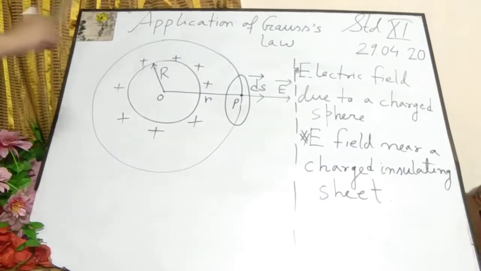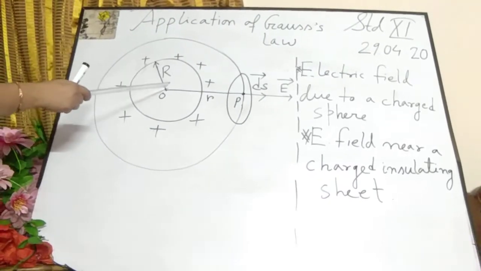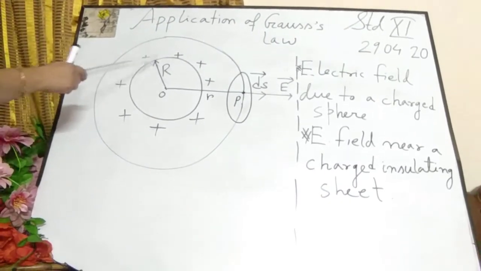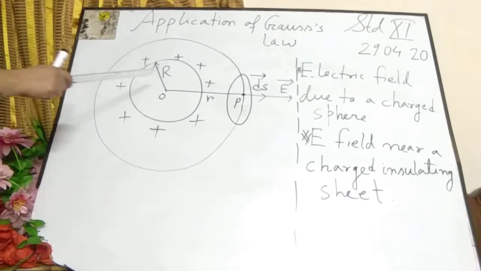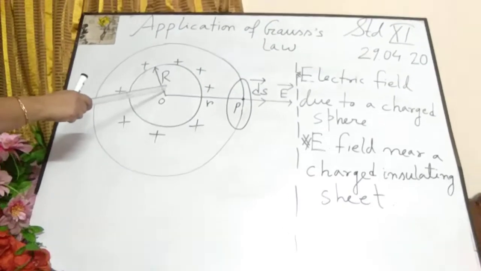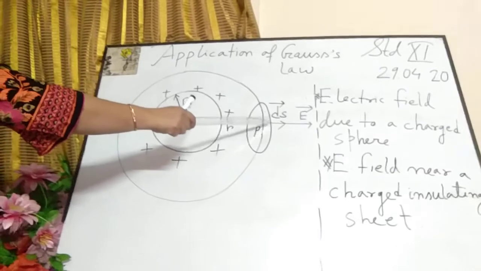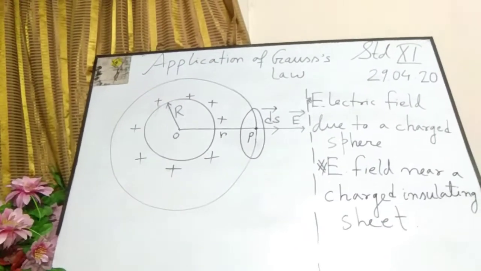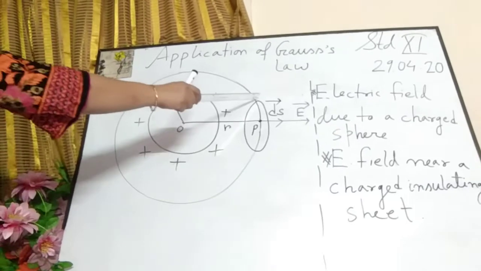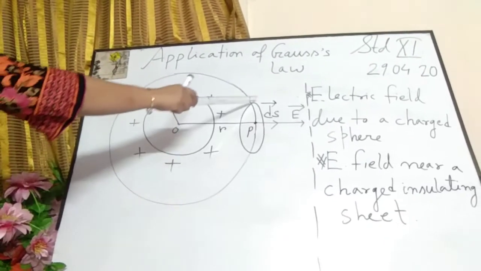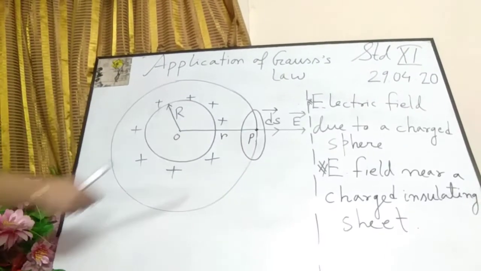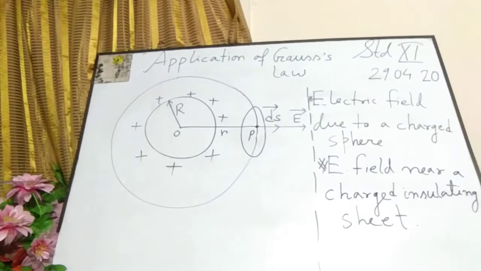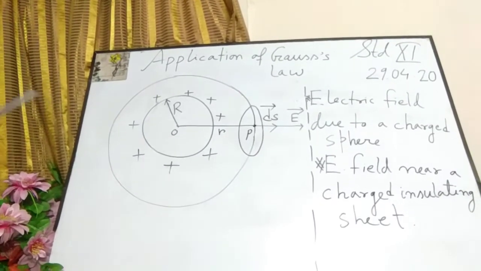So look, here the radius of the sphere is capital R, and at a distance r from the center of this sphere, at a point P, we will find out electric field intensity. Okay, so I consider a very small area ds, so we can find out electric flux at this point, isn't it?